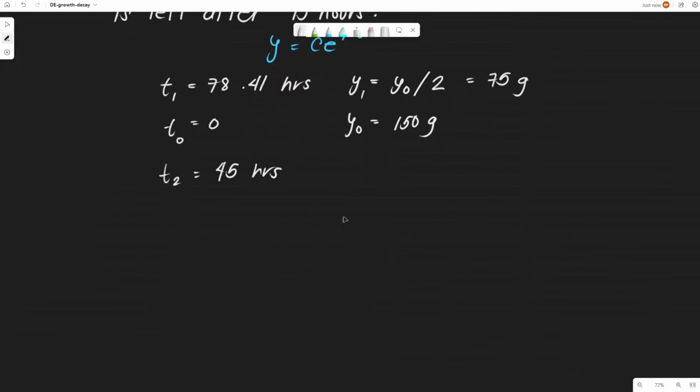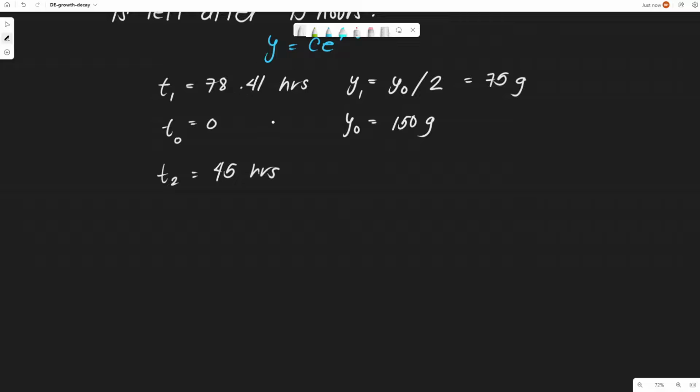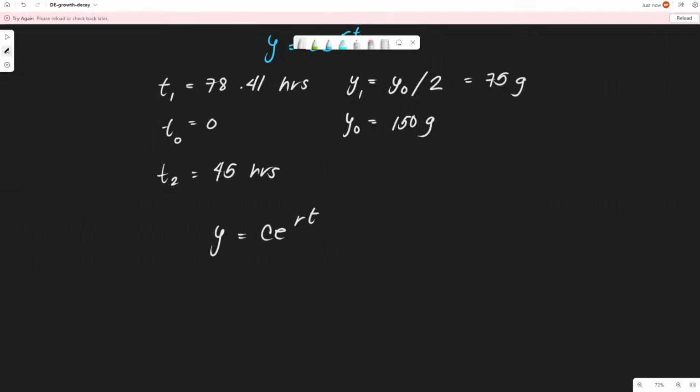So we already have our formula and we have placed our values. Let us solve. We have y is equal to Ce raised to rt, where r is the rate. However, do we have a rate? Do we have the rate of decay? No. What we have is y at time 0, and the time itself. So let's try to solve.